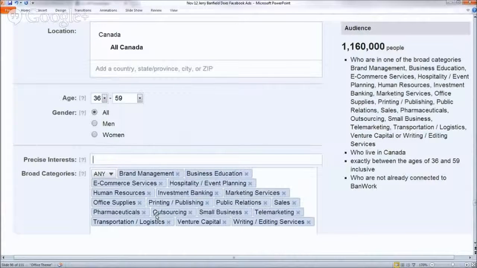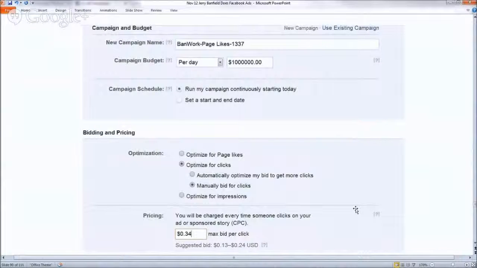And you're going to often run into less competition using more specific page audiences than using a generic term. The thing is, the only way you know is if you test both of them against each other. So my recommendation is always to make separate campaigns by audience. So that's location, age, gender, and interests. And use the same ad creatives.